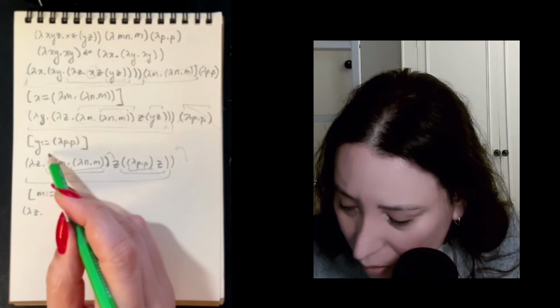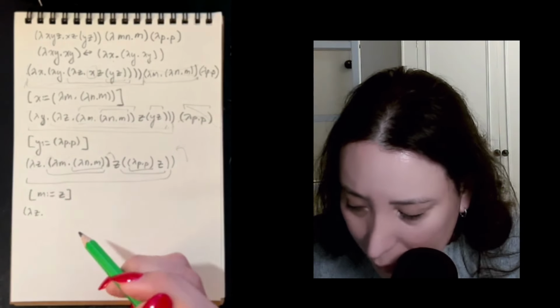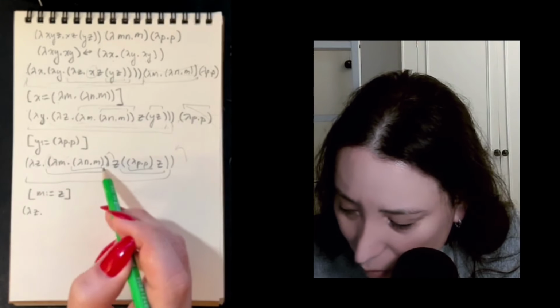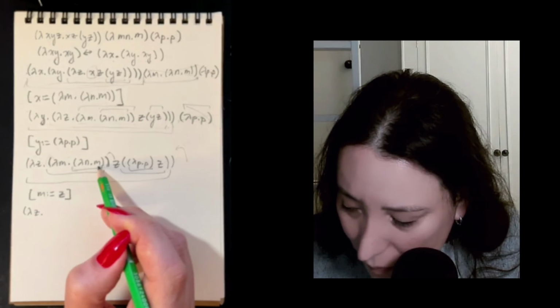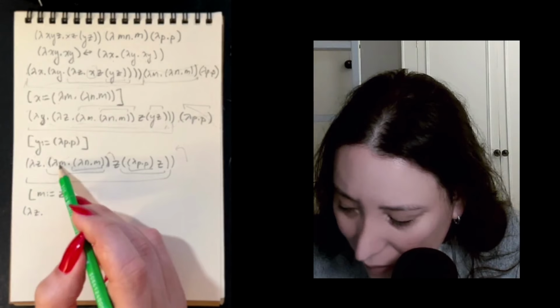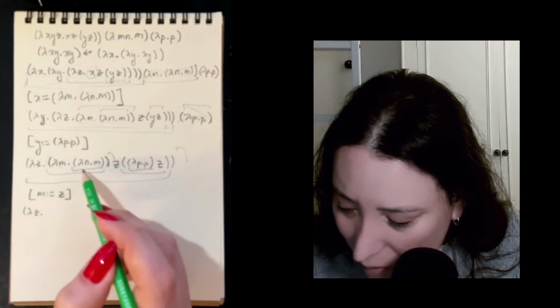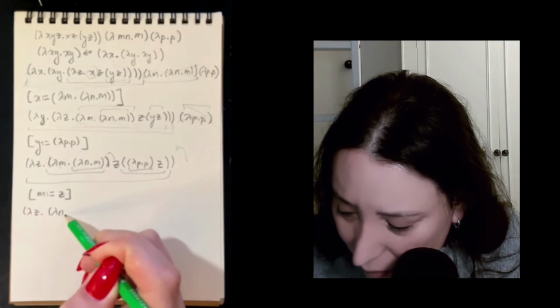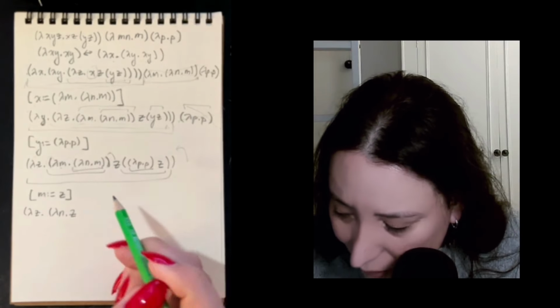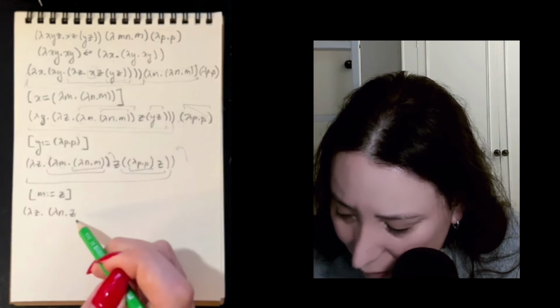And now this goes away because we're evaluating it. So we're going to now put z in this guy, the nm. Well, anytime we see m, we're going to replace it with z. So here we go. We do n dot z, right? Because m is now z.